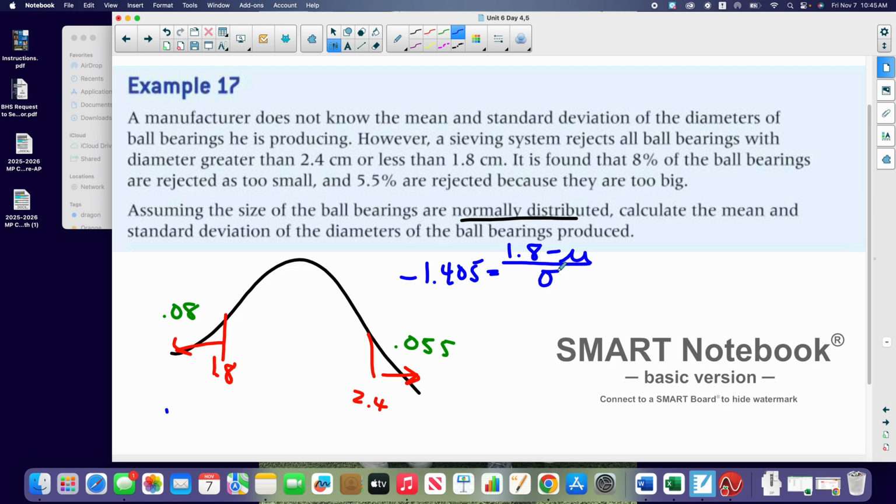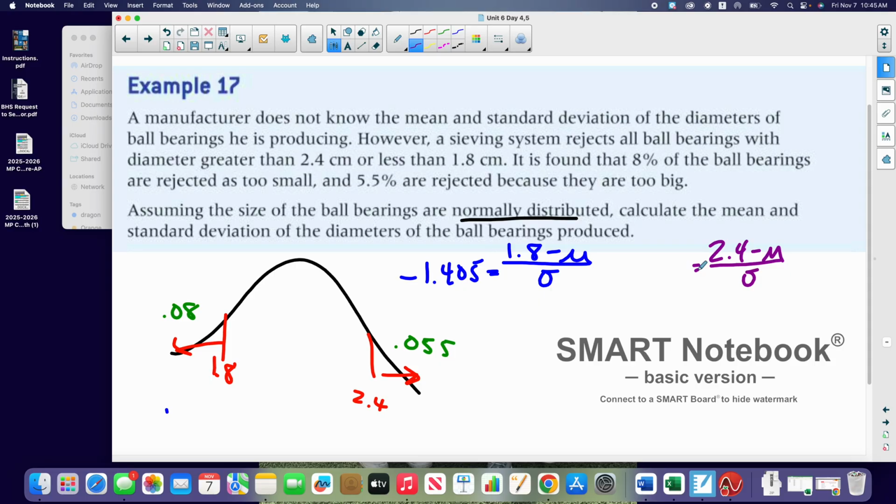Okay? Questions about that equation so far? All right. Now I'm going to do the same thing on the right-hand side. I'm going to get another equation. It's going to be 2.4 minus the mean over the standard deviation, but I'm going to have to find that z-score.